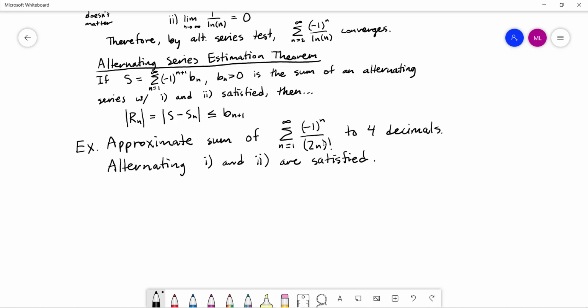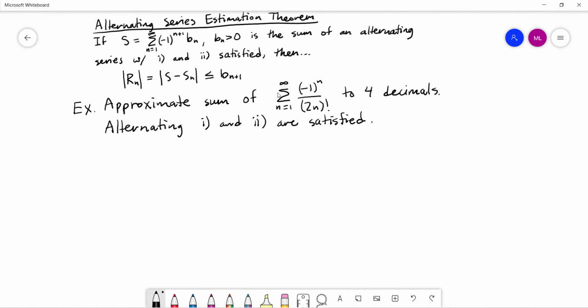And similarly, as n goes to infinity, the denominator goes to infinity, so we have a constant over infinity, which is going to 0. So we've satisfied conditions 1 and 2. And now we just need to look at this rule right here: the amount of error, R sub n, is always going to be less than or equal to b sub n plus 1, according to the theorem.